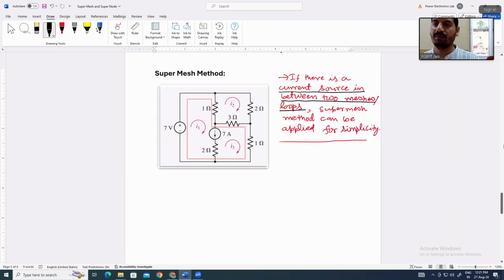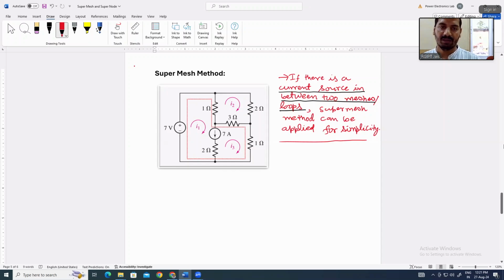So in this example, can you find a current source in between two meshes? Yes, sir. Okay. So you can see that there are three individual loops, which are also called meshes. There is a difference between a loop and a mesh: inside a mesh, there should not be any other loop.